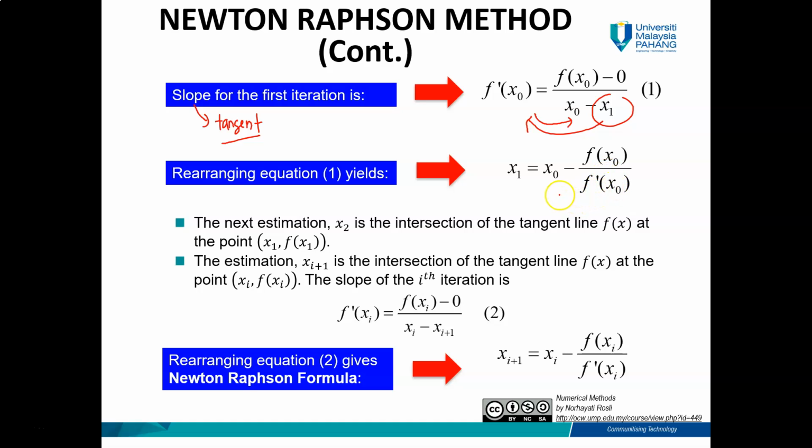But class, when you estimate the root, you will have many iterations. We cannot just write it as 1 and 0 here. So we use the notation i, meaning that i refers to the iteration.